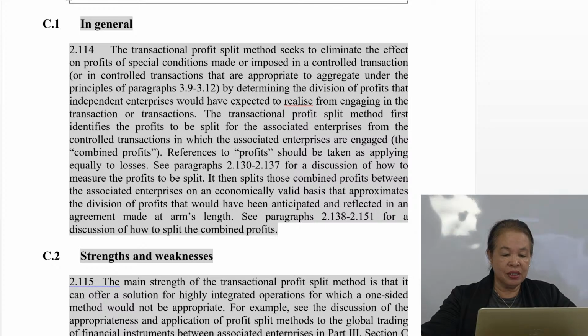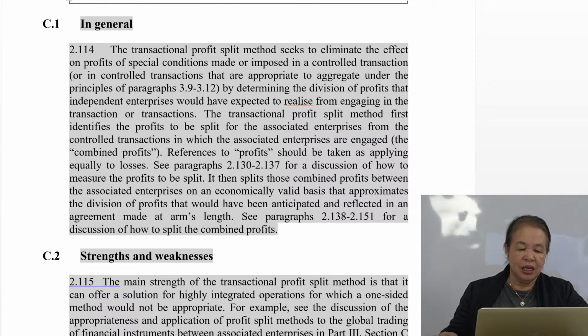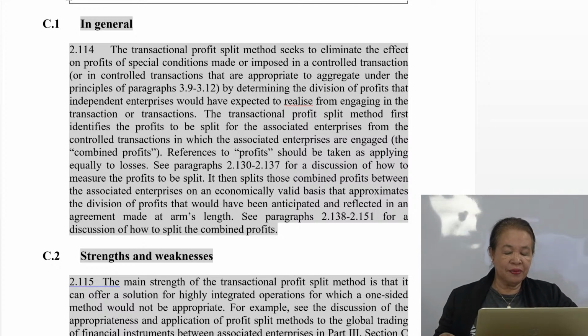Sino ba yung participants, no? Or contributor for the profits. So for the associated enterprises from the controlled transaction in which the associated enterprises are engaged or the combined profits, no? So references to profit should be taken as applying equally to losses. So ganun din sa loss. See paragraphs 2.130 to 2.137 for a discussion of how to measure the profits to be split.